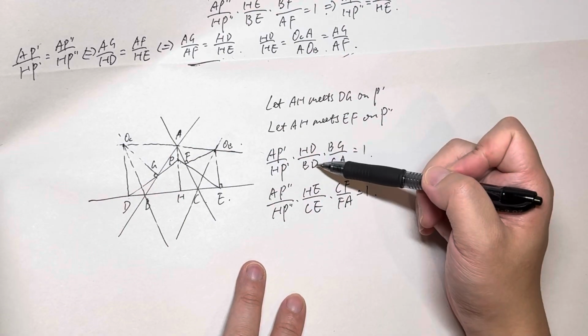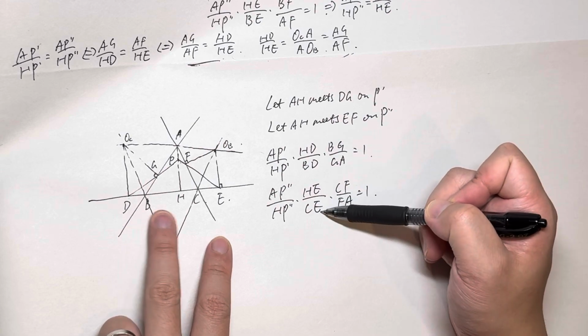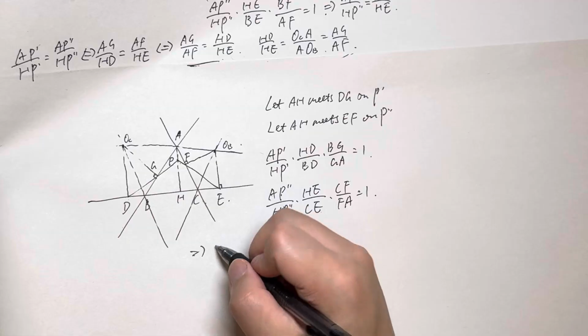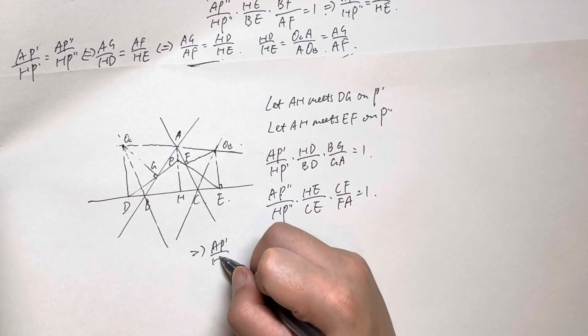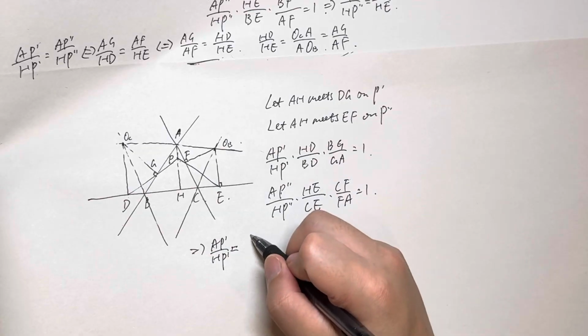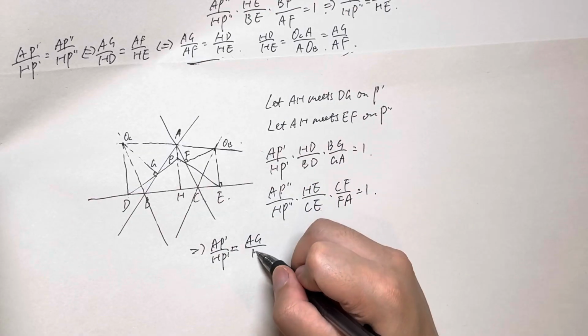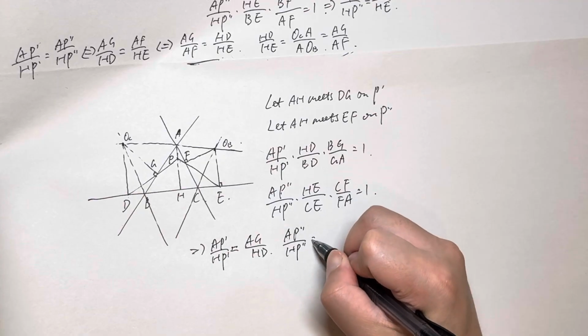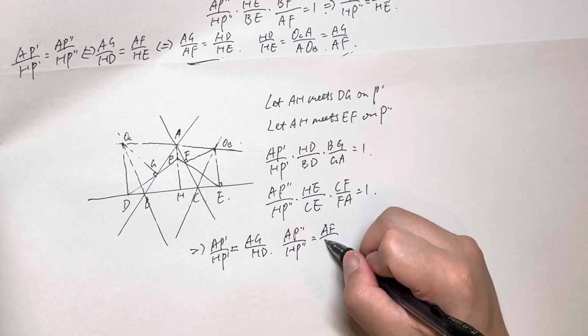And notice that BD equals BG, CE equals CF, which means AP prime to HP prime equals AG to HD, and AP double prime to HP double prime equals AF to HE, right?